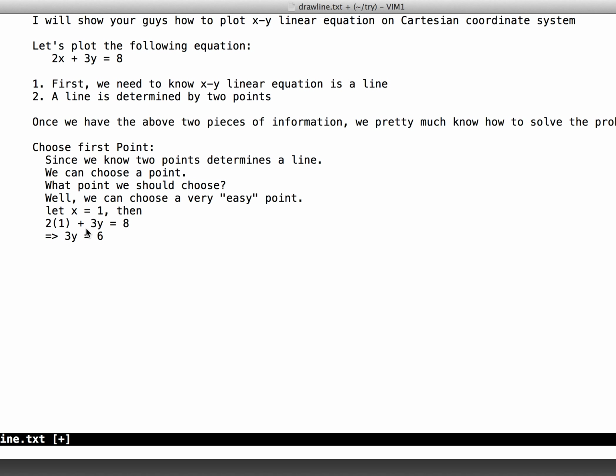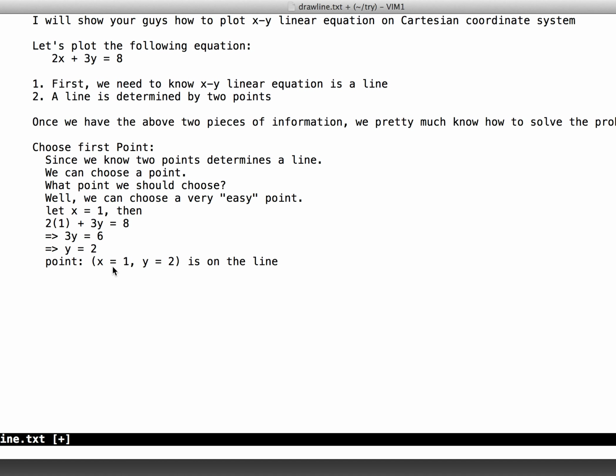We move the term 2 to the right hand side, so we have 3y equal to 10, so y equals... we already have the first point, right? The first point is x equal to 1, y equal to 2.